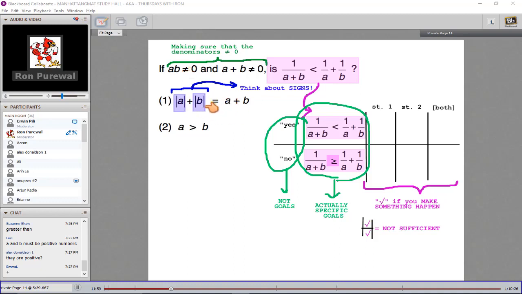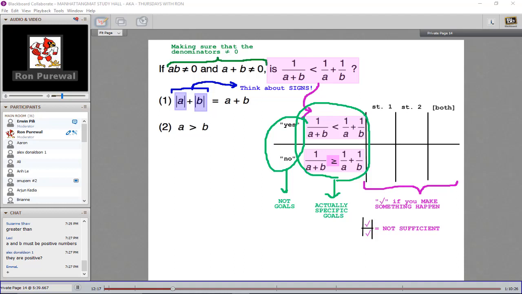But you want to be thinking about signs already. And this is not something you can really do algebraically. In general, when you have absolute value things like this with more than one absolute value, you're not going to really be able to use algebra.